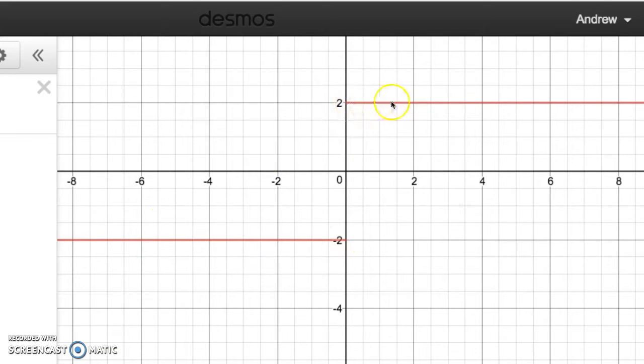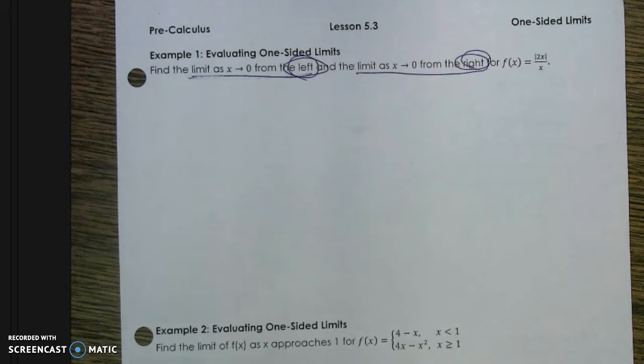And on the right side of 0, it's a horizontal line at +2. And so I would say my left-hand limit, as we go towards 0 from the left side of the graph, is going towards -2. And the right-hand limit, as we go towards 0, is going to +2. And so the overall limit does not exist.